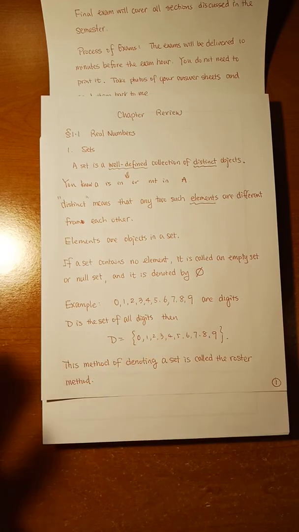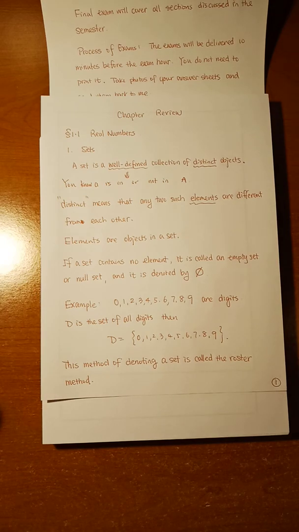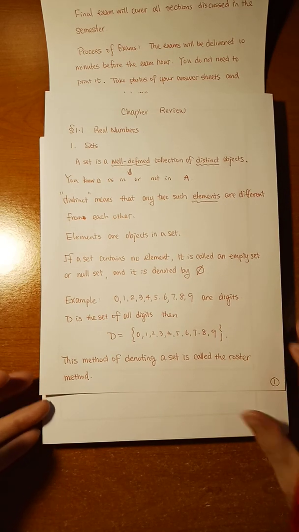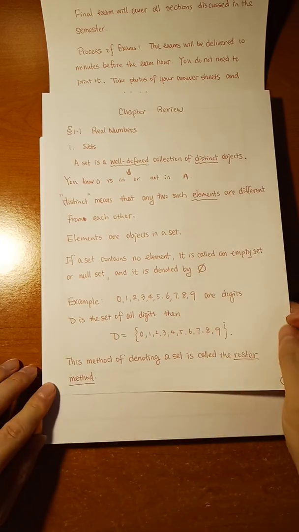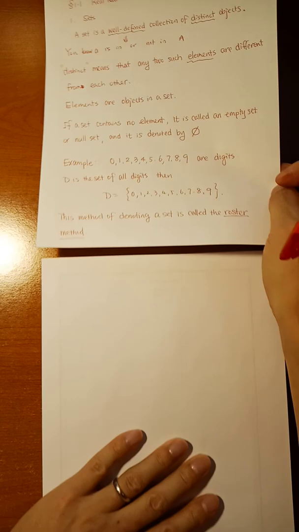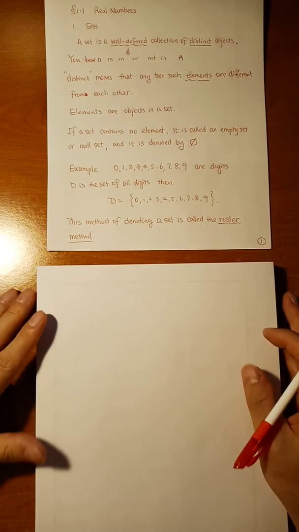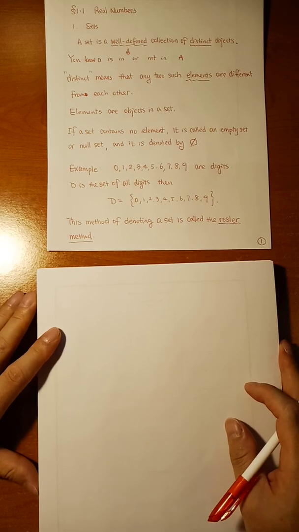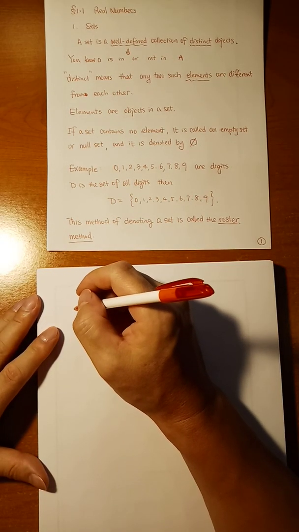You just list all possible elements. Okay? So this is the roster method. And of course, sometimes we have other ways to represent or denote a set. So we can use the so-called set builder notation.